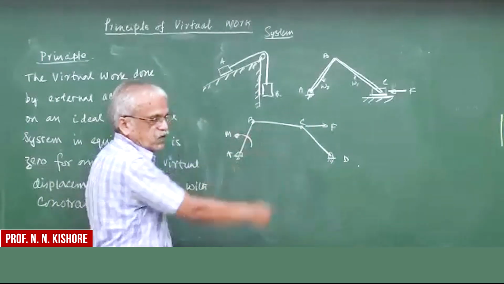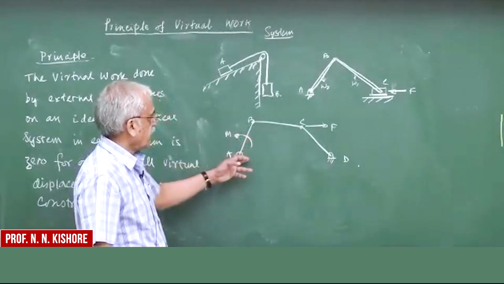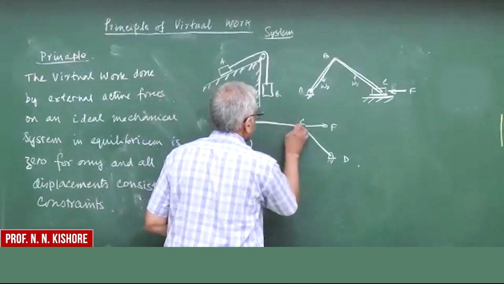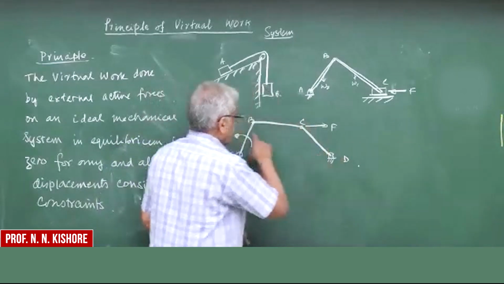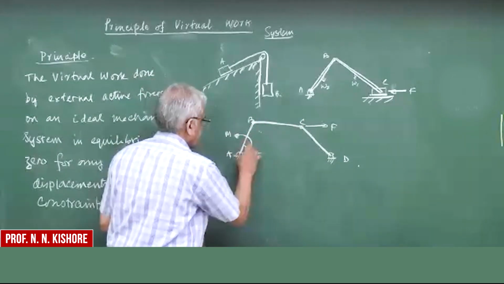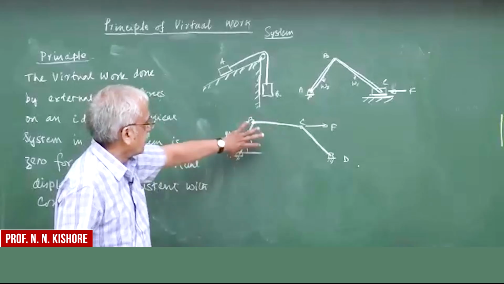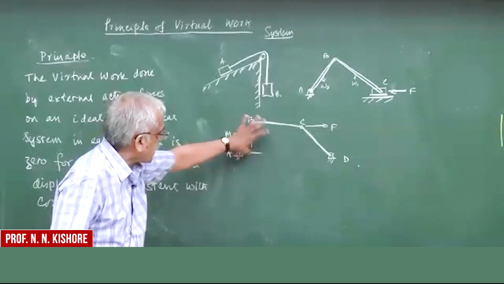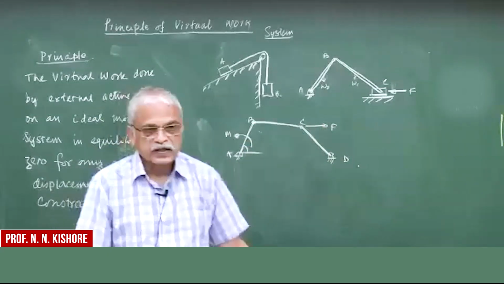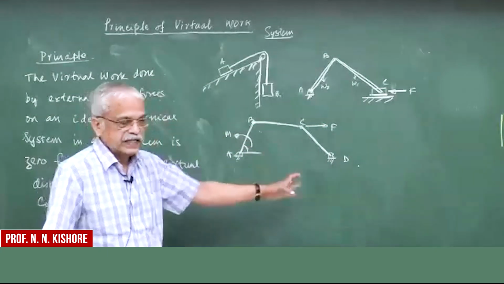This is called a 4-bar mechanism, where we have a number of links, 3 links here, which are connected by hinges. And then if you give a similar angular rotation for this one, the rest of the bodies also move according to some geometric relationship.